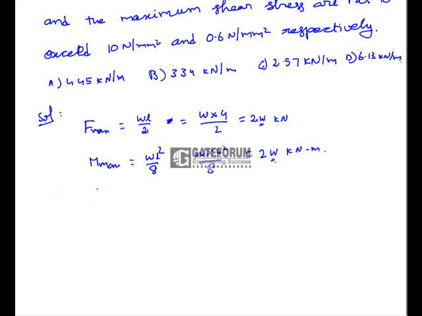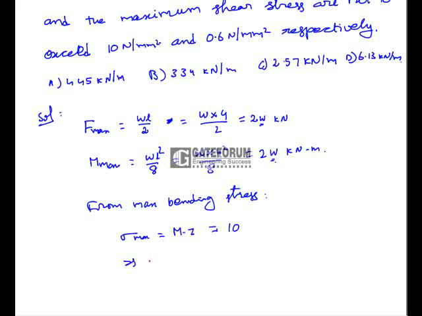So from the maximum bending stress point of view, the maximum bending stress induced in the beam is sigma max equal to M by Z, and it is not to exceed 10 Newton per mm square.